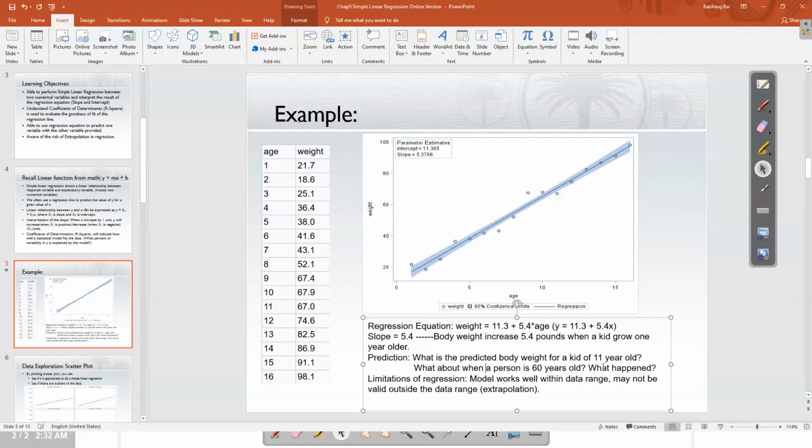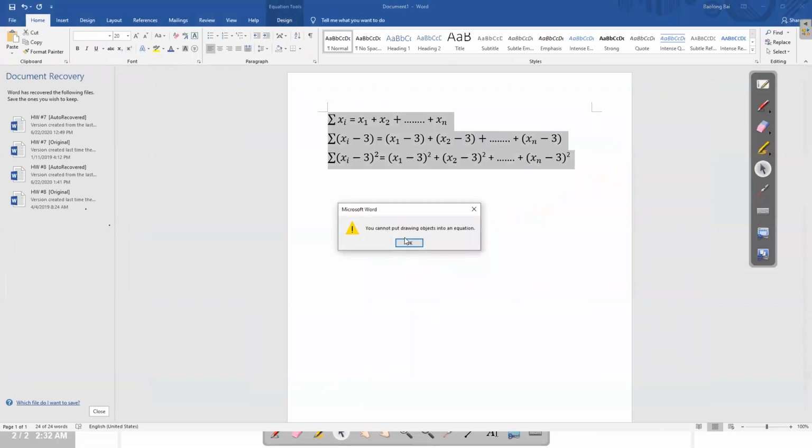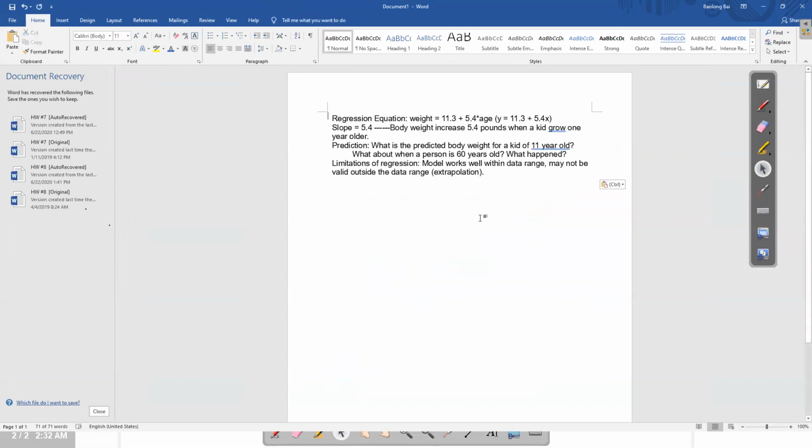So then can we predict someone's body weight for an 11-year-old kid? Right? So that's very reasonable, right?